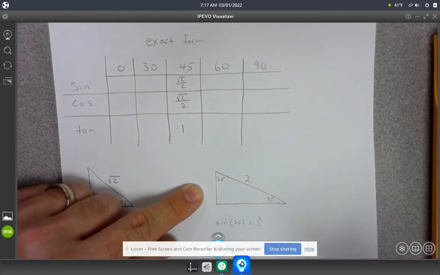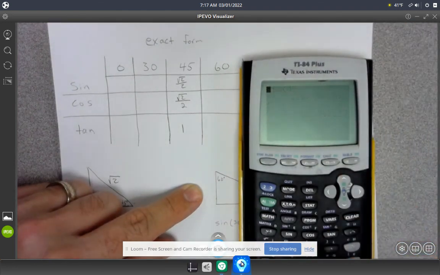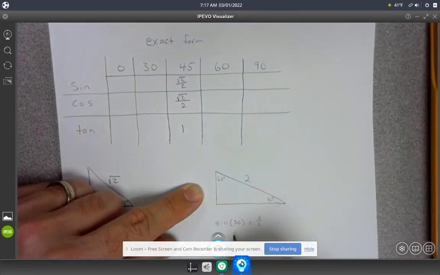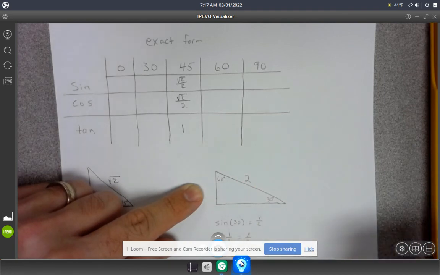And sine of 30, if we see what that is in the calculator, is equal to a half. It's 0.5. So it would be 1/2 is equal to x over 2, which means this x right here must be a 1. That's the only way that these two expressions could be equal.